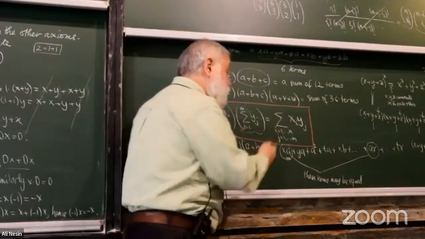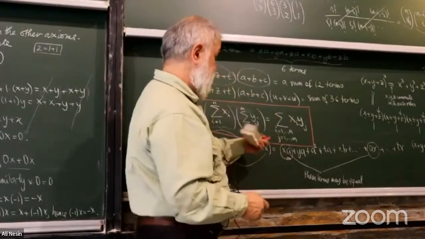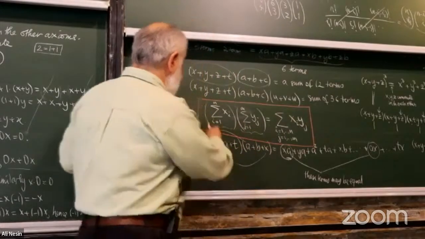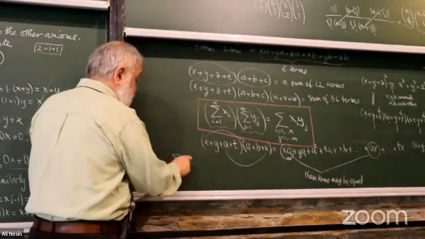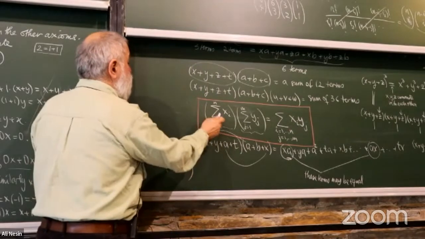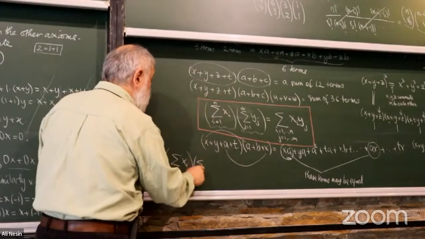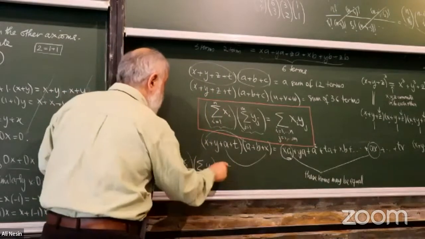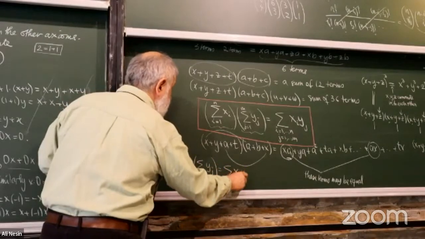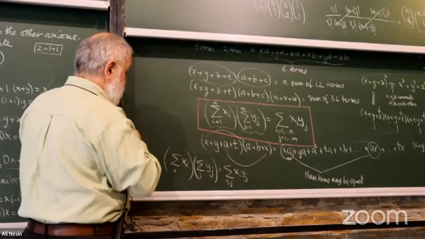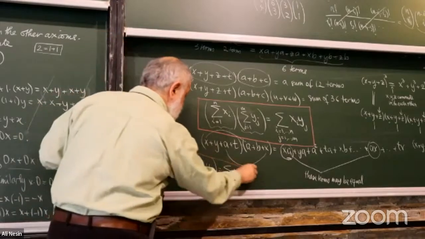It's very simple. The sum of x_i, for i from 1 to n, times the sum of y_j for all j, is equal to the sum of x_i y_j over all i, j. It's a very simple formula.